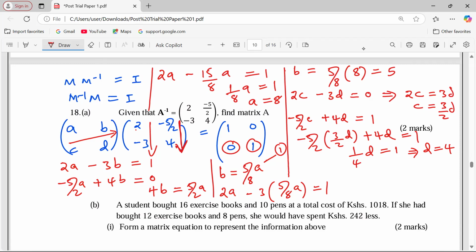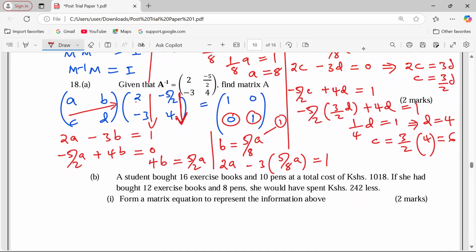Now that we have the value of D, we can get C very quickly by saying that C equals 3 over 2 times the value of D, which is 4, and C becomes 6.